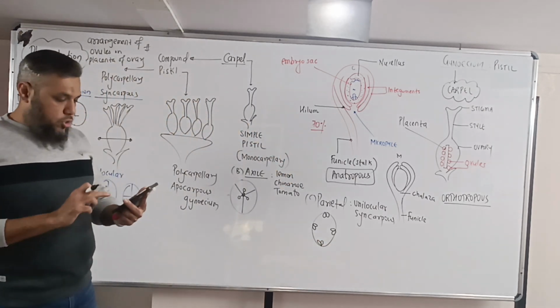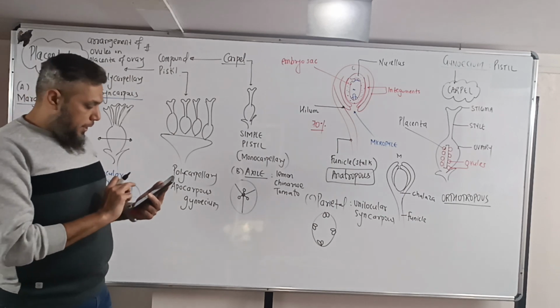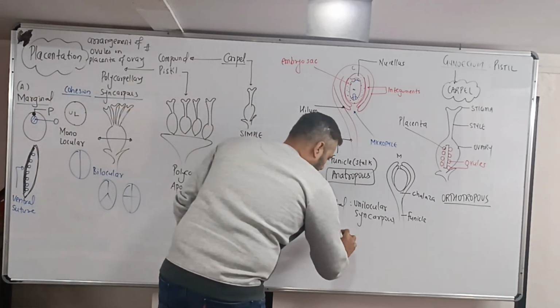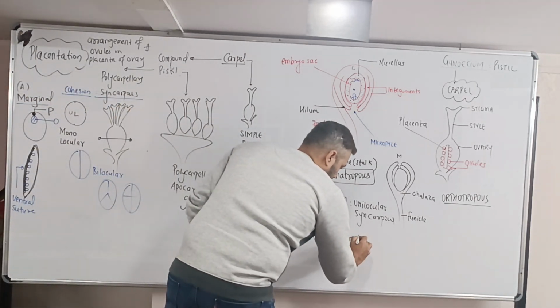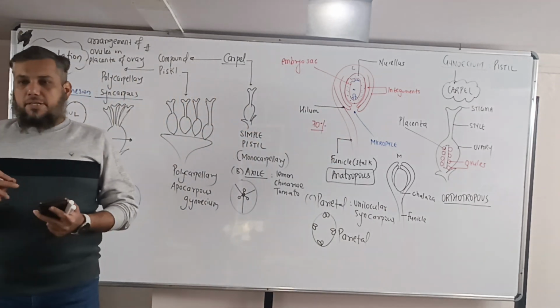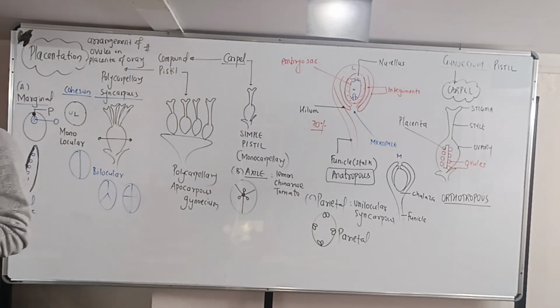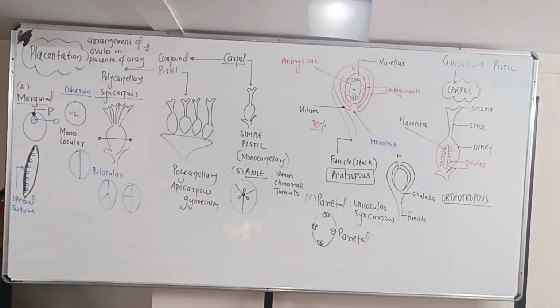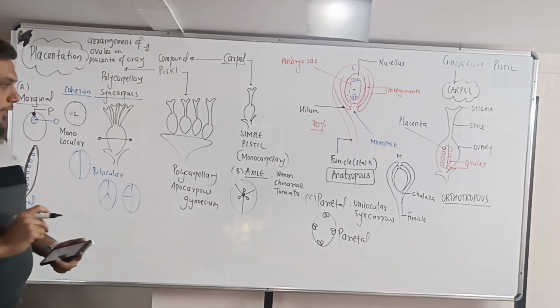So such a placentation is called which placentation? Parietal placentation. Will you remember? Give an example of parietal placentation from the textbook. Mustard and argemone. Okay. I'll write there mustard and argemone.